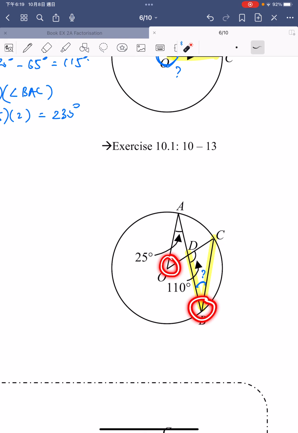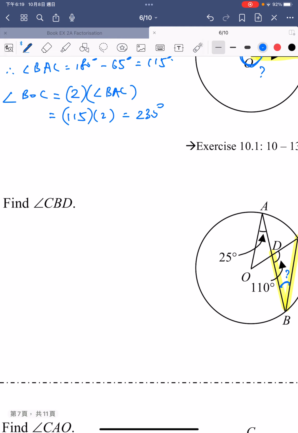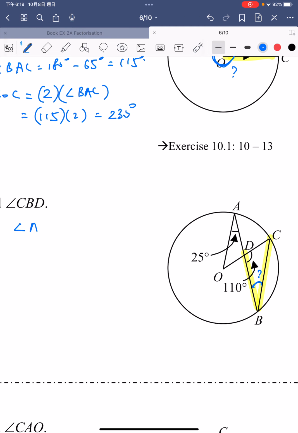So the angle at the center is twice the angle at the circumference. So the first line we can write is the angle of AOC is equal to double the angle of CBD. Alright, then how can we find it out? If you want to find out the angle of AOC, what you want to use is this angle OAD, together with the angle ADO.